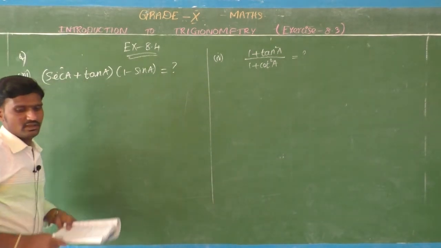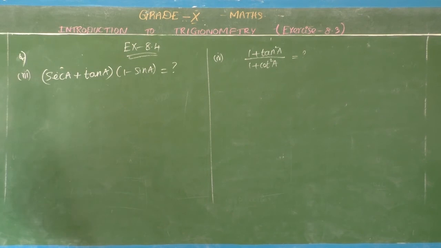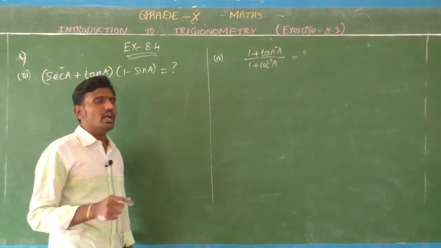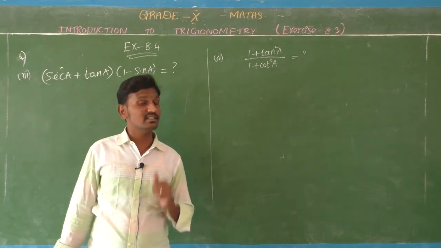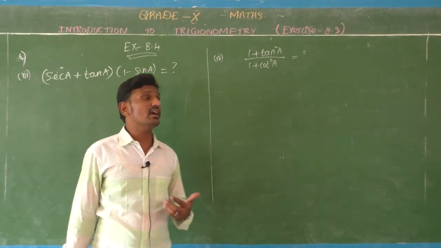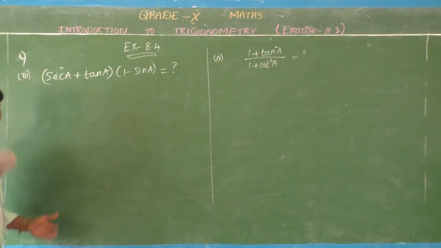Yes. Now students listen. Here the third question, secant A plus tan A into 1 minus sin A. It is very simple to take the basic reciprocal relation: cosecant A means 1 by sin A, secant A means 1 by cos A. So you should write the basic reciprocal relation.